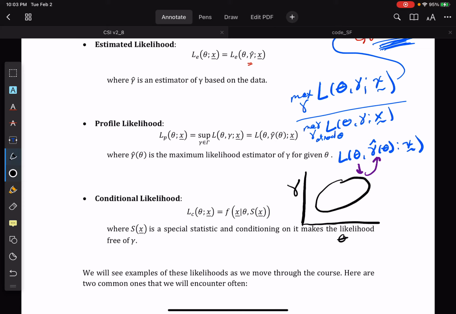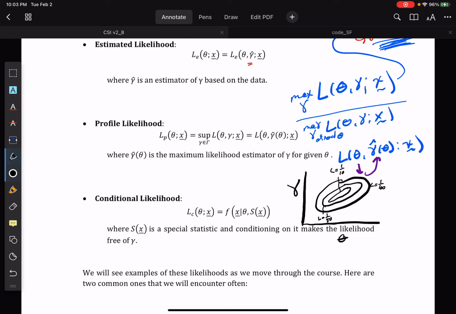And again, we have these contours, almost like you might see for a bivariate normal distribution, where the likelihood is going up as you go up these contours. So here, the likelihood might be 1 over 100. And here, the likelihood might be 1 over 50. And here, the likelihood might be 1 over 10.